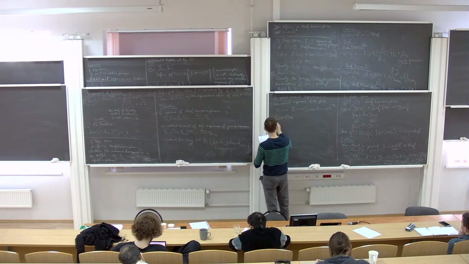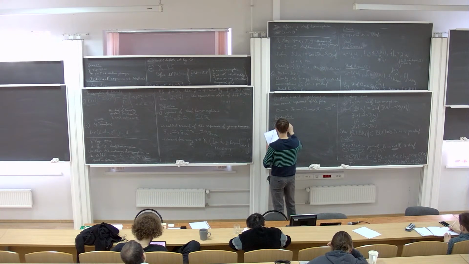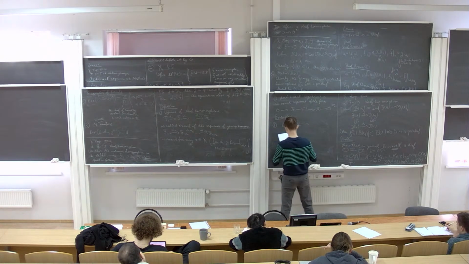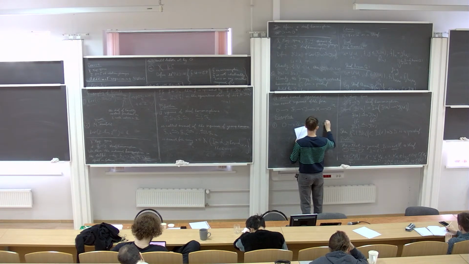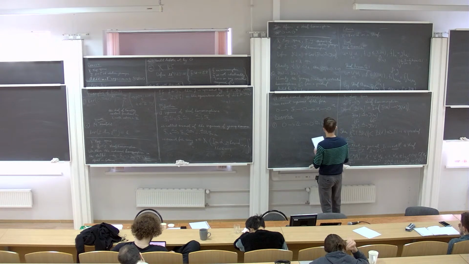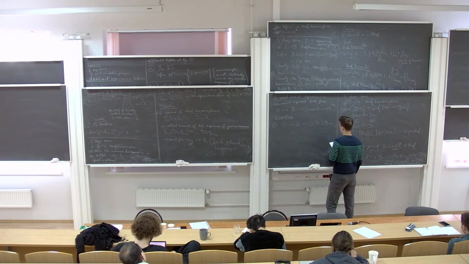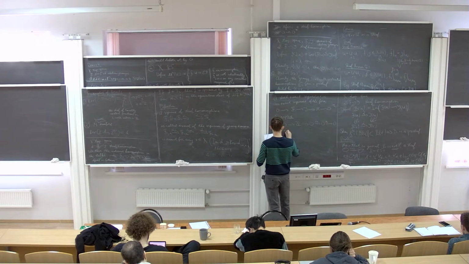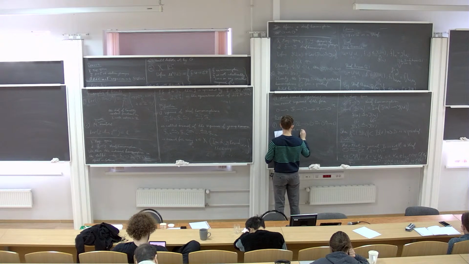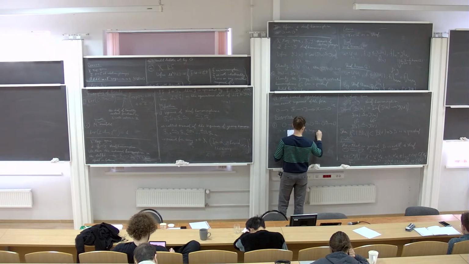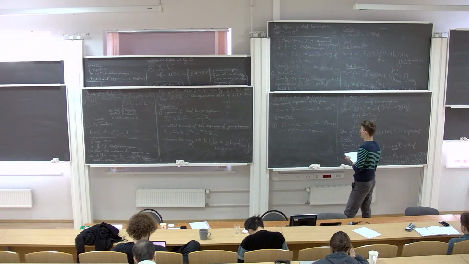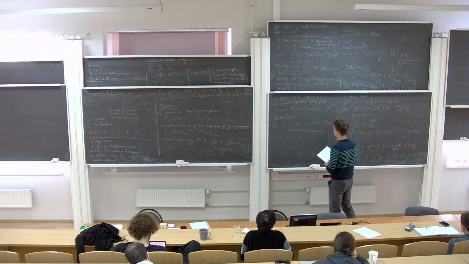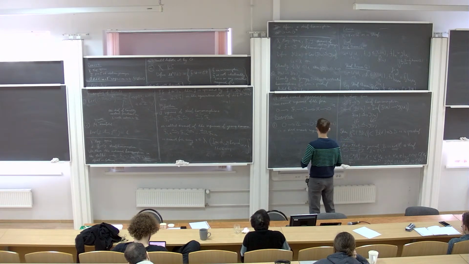Again, our favorite example: 0, Z, O, O star, 0 is a short exact sequence.